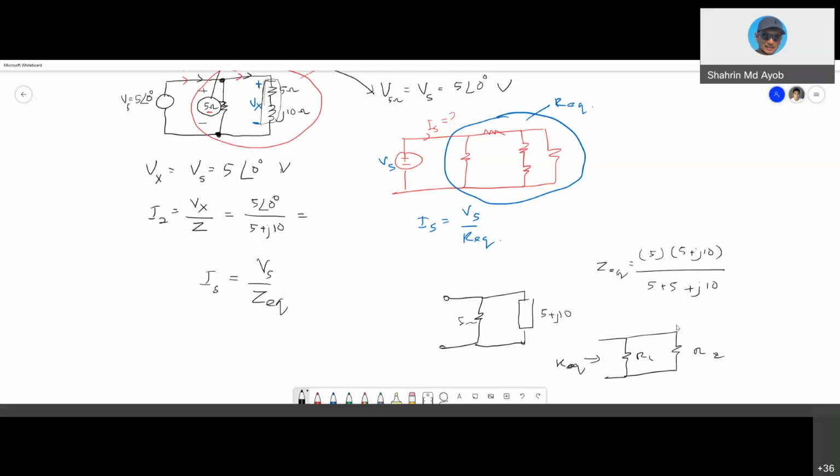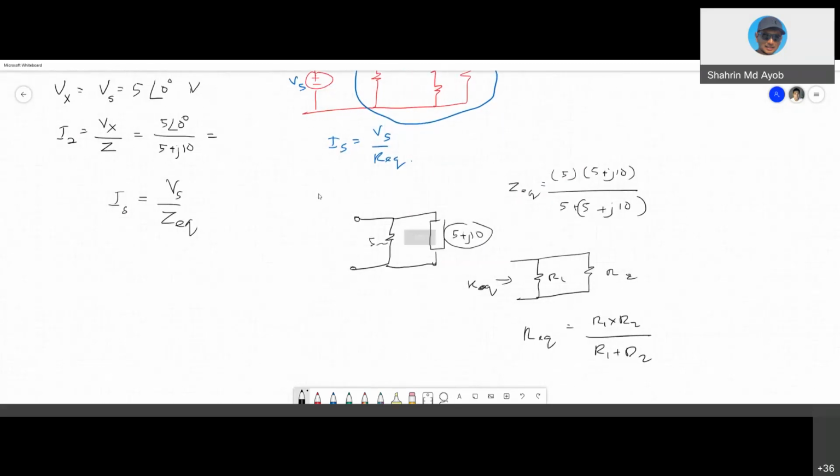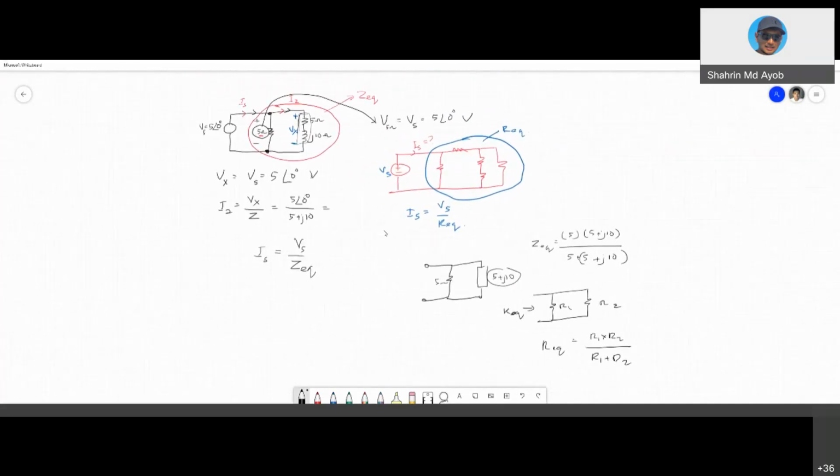If you refer back to the DC circuit, your R equivalent is R1 multiplied with R2 over R1 plus R2, so it's the same. The first element multiplied with the second element, over the addition of the first and the second element. That's why we need to convert into the Phasor domain, because we can use all the methods, theorems and analysis methods to solve the problem.